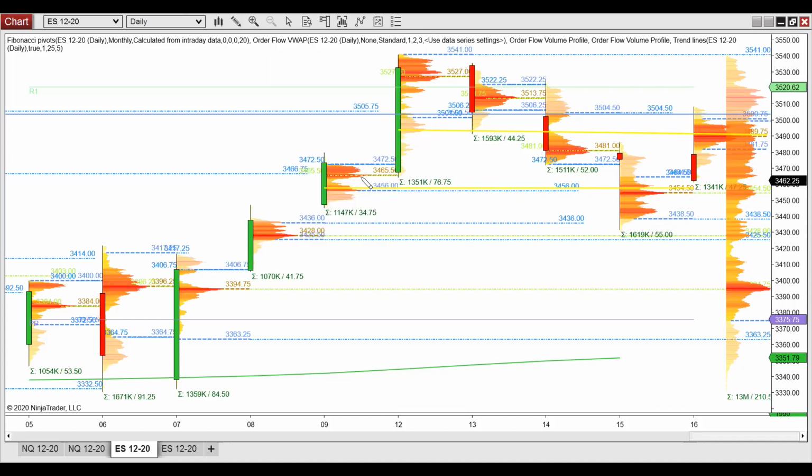Just make a note of it. It's the recent low, connected to a high value area, and this is the actual node as well. That's another tool you can use when you look at ES and NQ. So this is ES, and I just want to show everyone how to do that.